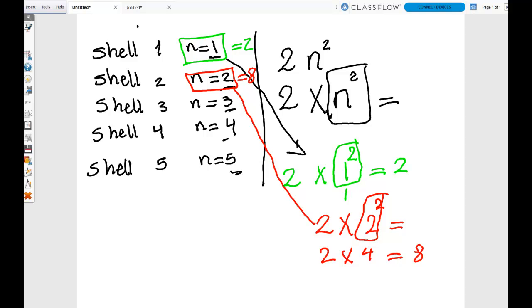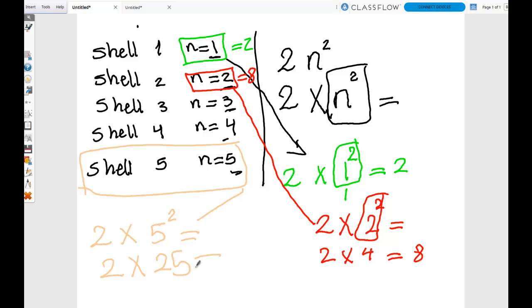Let's see shell number 5. It will be 2 multiplied by 5 squared. 5 squared equals 25. So 2 multiplied by 25 equals 50.